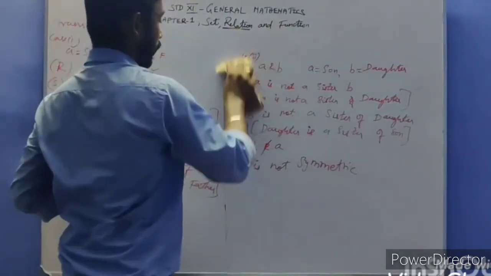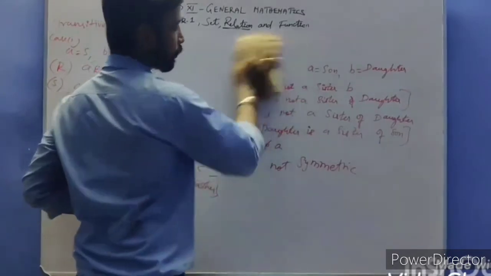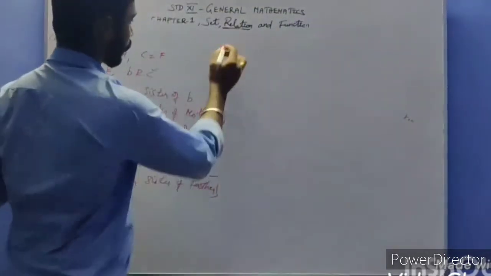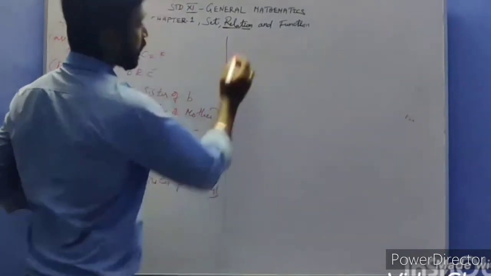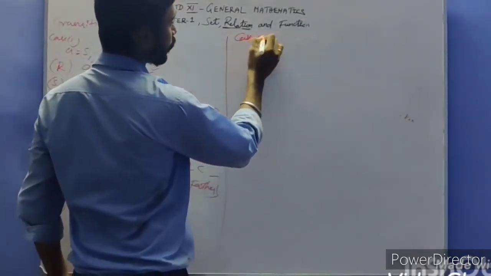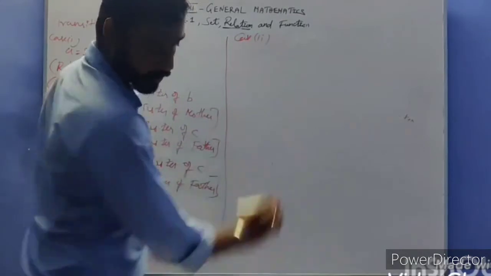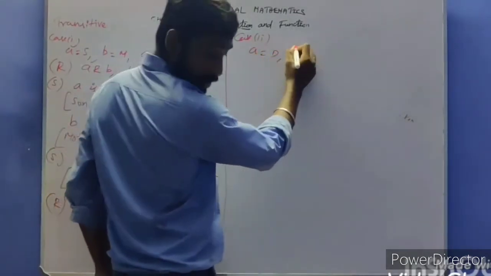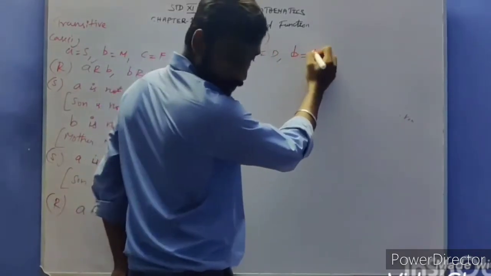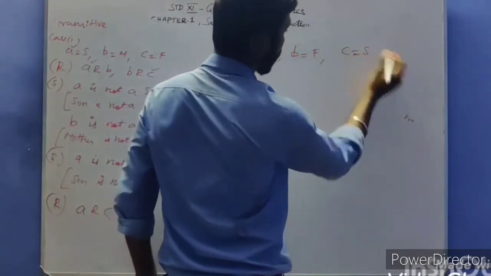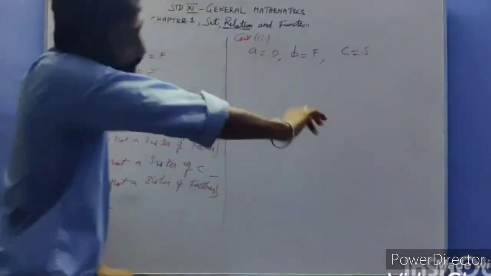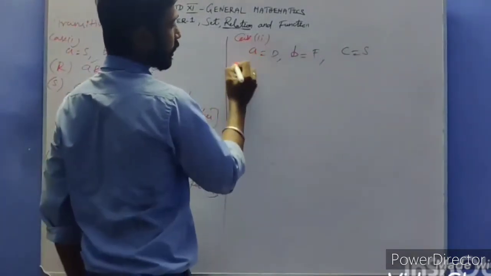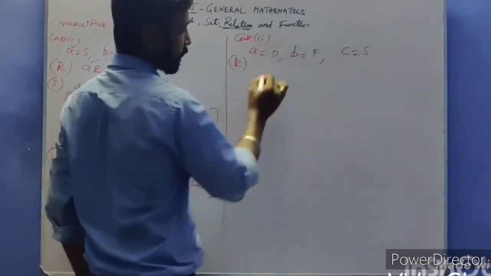Now we assume the values for A, B, C. Case 2. Listen here. Now we are going to assume the values. A is equal to daughter, B is equal to father, C is equal to son. Same procedure only. R is the relation.